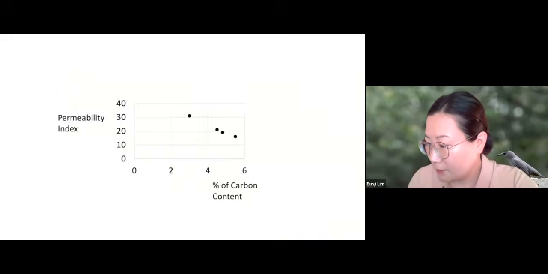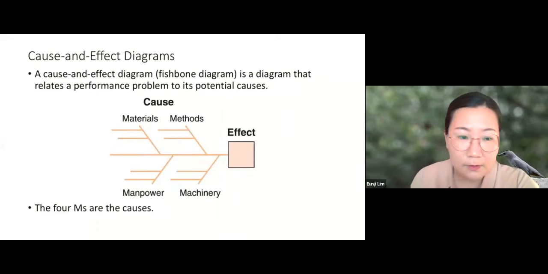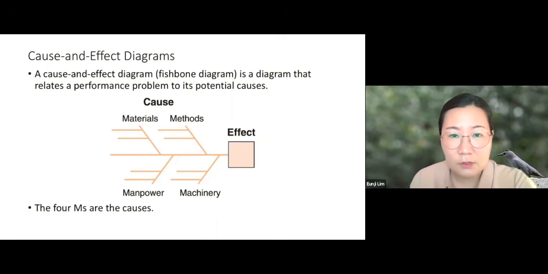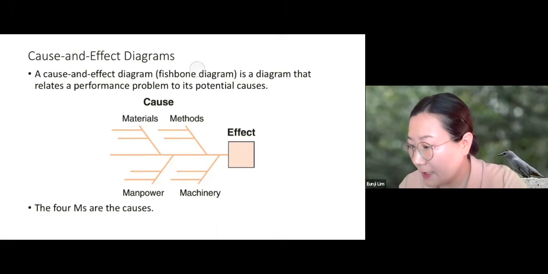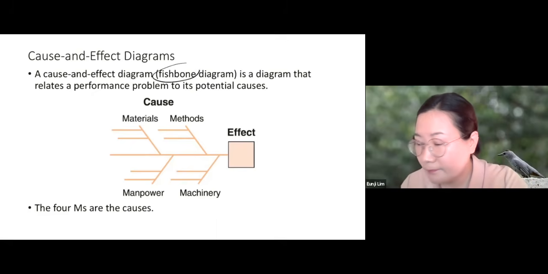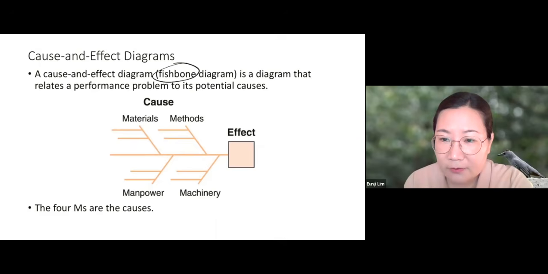Okay, so this is an exercise problem. Now let's go to the cause and effect diagrams. The cause and effect diagram is also called the fishbone diagram. It's a diagram that relates a performance problem to its potential causes.